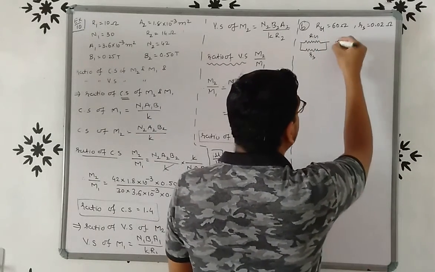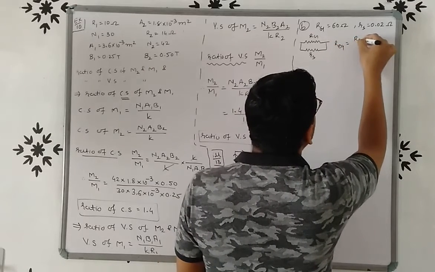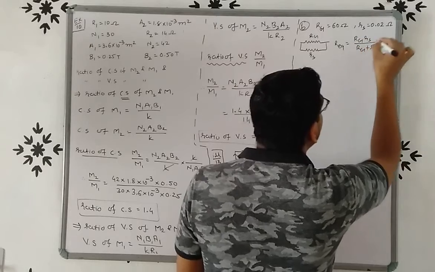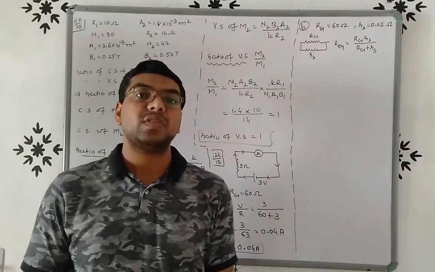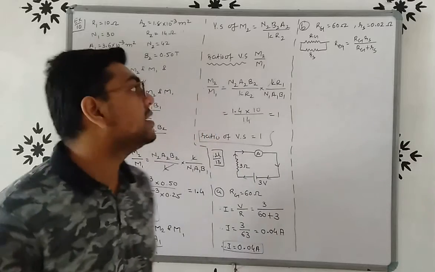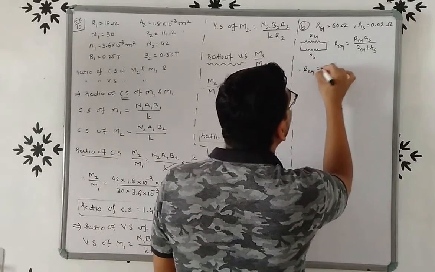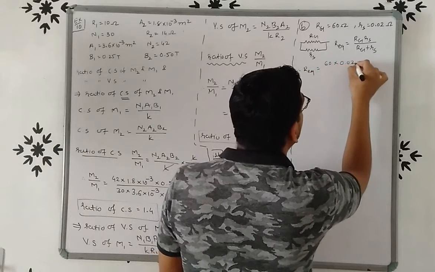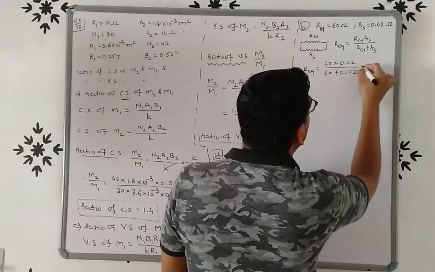So equivalent resistance will be, R equivalent is equal to Rg into Rs upon Rg plus Rs. Right? We already discussed this equation in the last lecture. So here R equivalent will be value of Rg 60 into value of Rs 0.02 upon 60 plus 0.02.